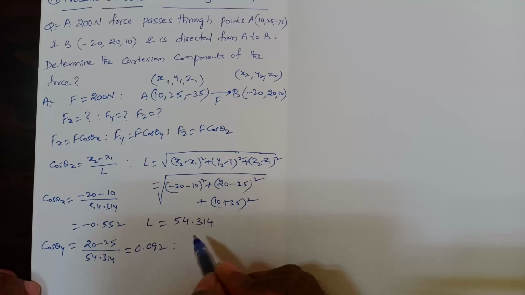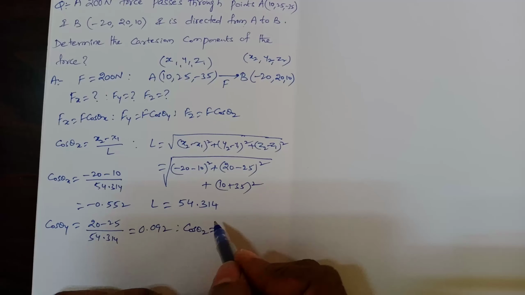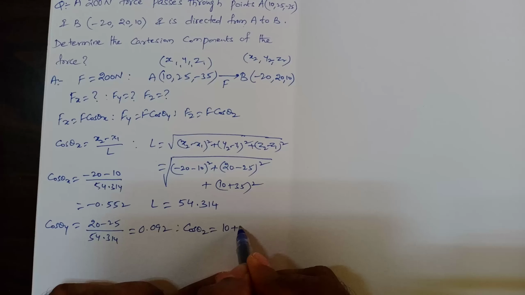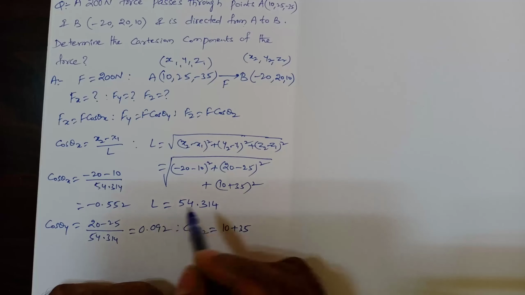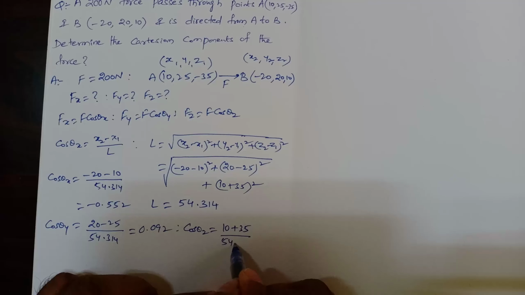And cos theta z is equal to z2 minus z1, 10 plus 35, by 54.314. This value is equal to some 0.83.